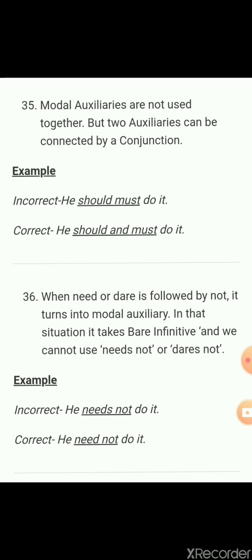If need is being used as an auxiliary, meaning not has been added, then the s will be removed. "He need not do it." Bare infinitive, but remove the s or es. It will not remain a verb now. Now it has become an auxiliary.